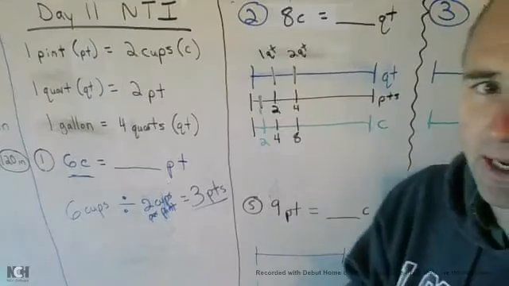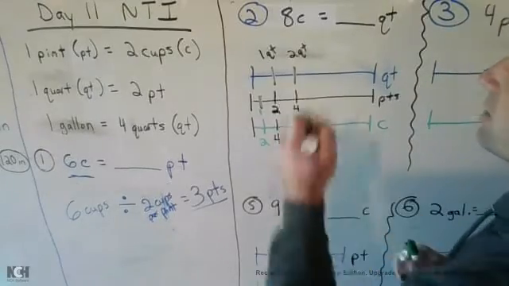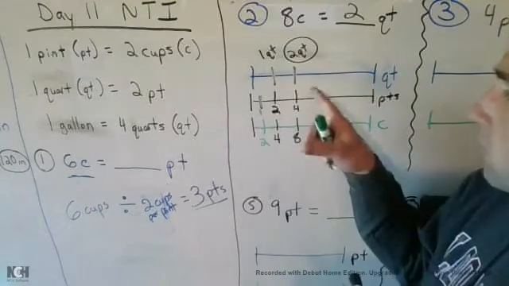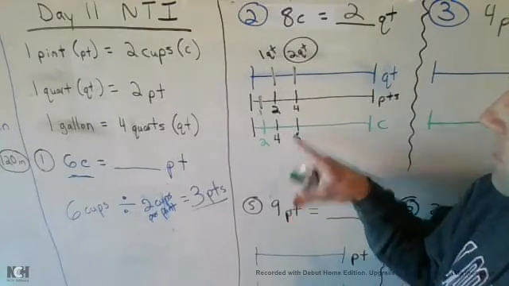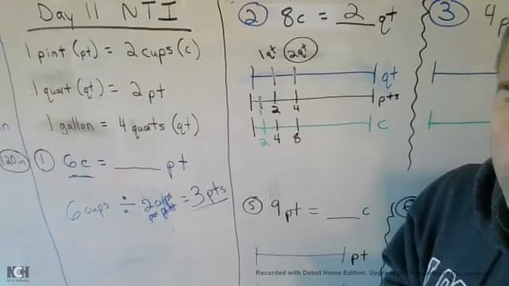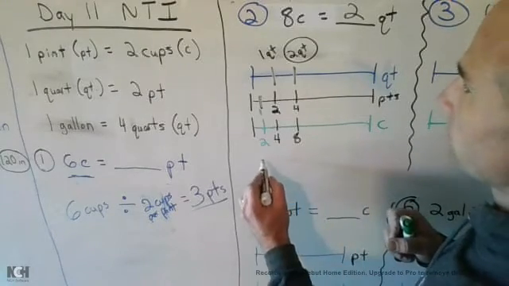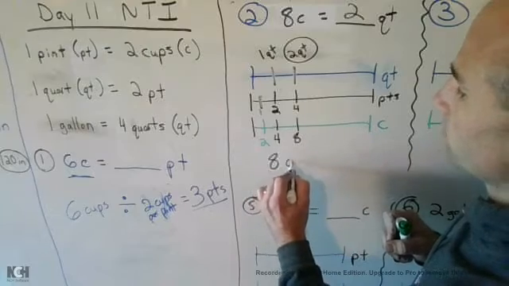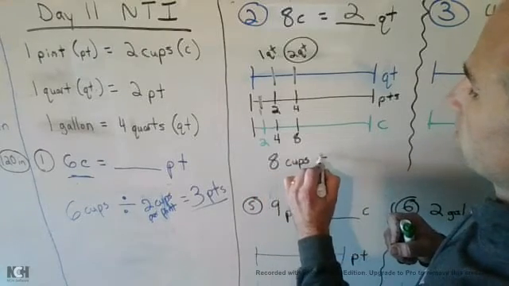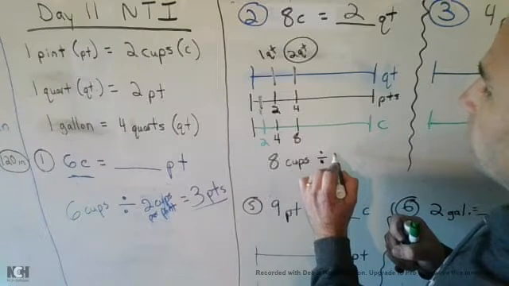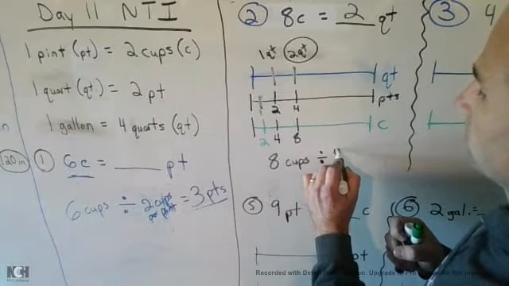All right, here we are. We're back. So we ended up finding out it's 2 quarts, 4 pints and 8 cups. All are equivalent. How would you solve this? Well, you would have to recognize 8 cups divided by 4.